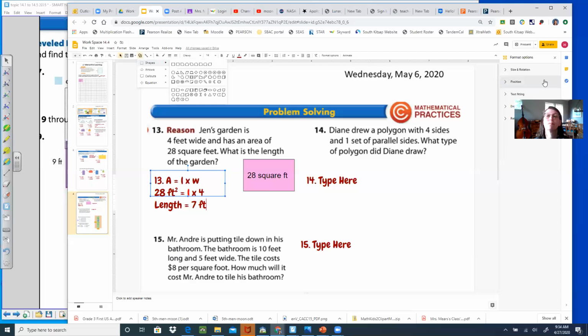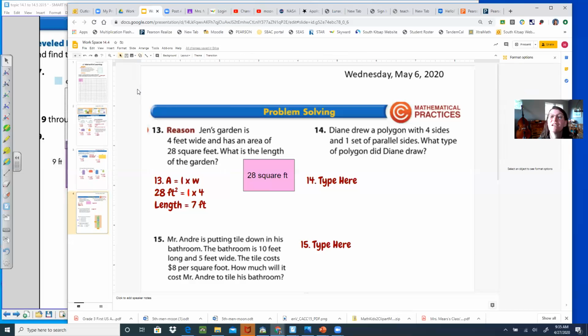I don't know what I did. Usually there's 3 little dots that I can use to change my size. That's a bummer. Okay, well, I need a shape that has 1 set of parallel sides. Oh, where'd they go? Come back, shapes.